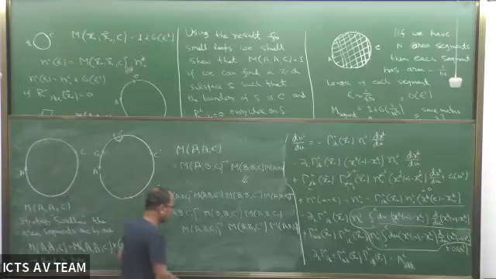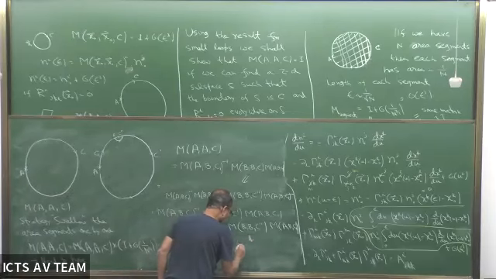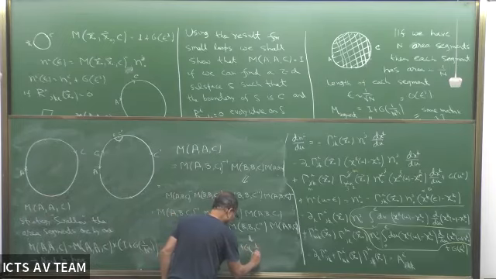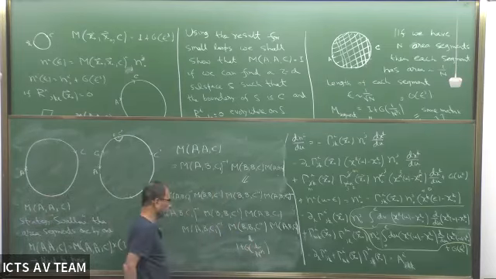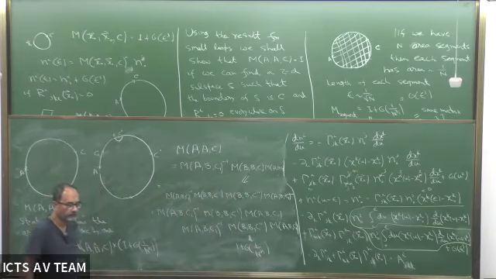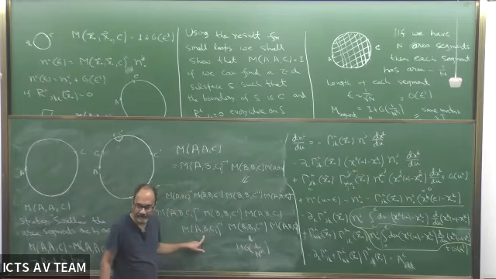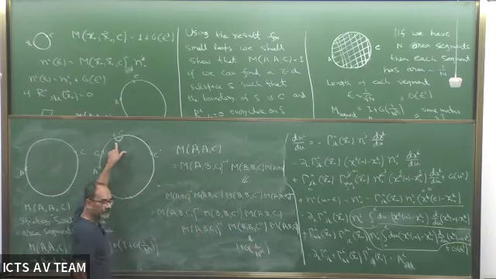Now this one is 1 plus order 1 over n to the 3 half, because it's a small loop. This one is not small by any means, right? Because you want to move to an arbitrary point, arbitrary row.